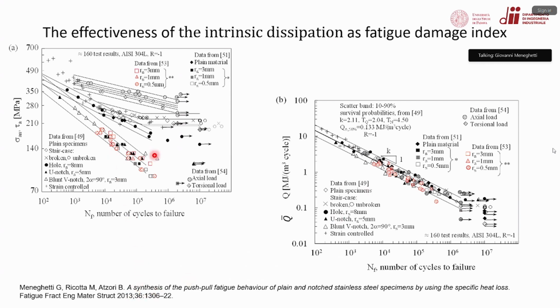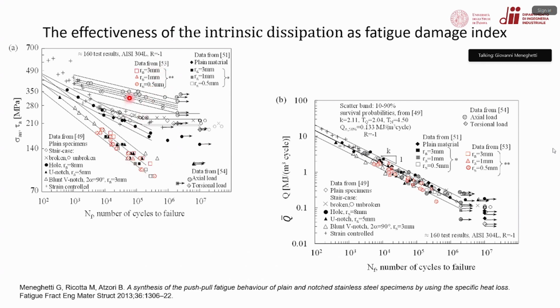We conducted several fatigue tests on notched specimens made of stainless steel, again 304 low carbon steel, which were loaded with a stress ratio of -1. You can see here different notches with very severe stress gradient effects, with notch radius of 0.5 millimeters up to more blunt notches with a radius of 3 millimeters.